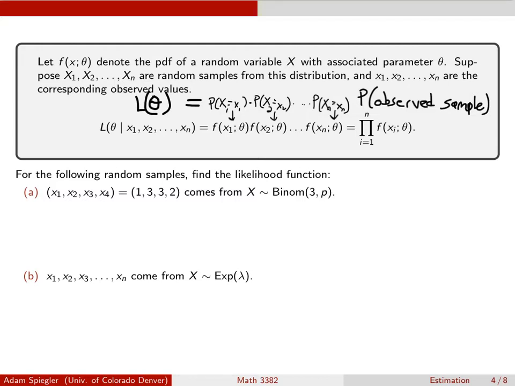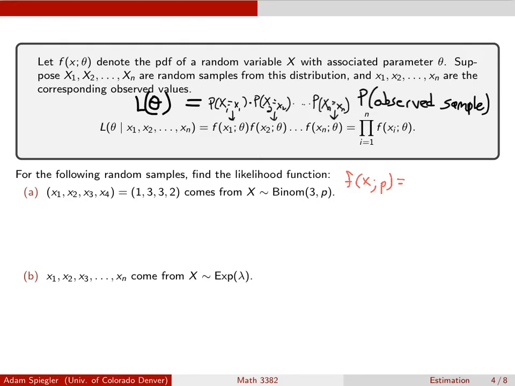The binomial distribution has a PDF that's going to depend on this parameter p, which is the probability of a success. We don't know what that is, but given these 4 observations we made, what's our best guess for what p is?